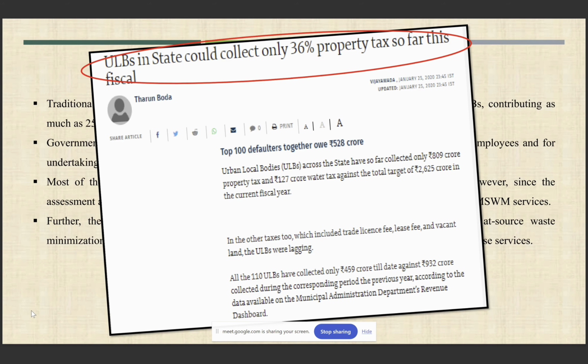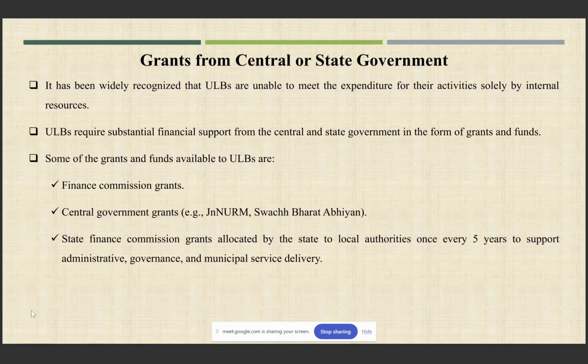So there are grants from central or state government. It has been widely recognized that urban local bodies are unable to meet the expenditure for their activities solely by internal resources. So they require financial support from the state and central government in the form of grants and funds.